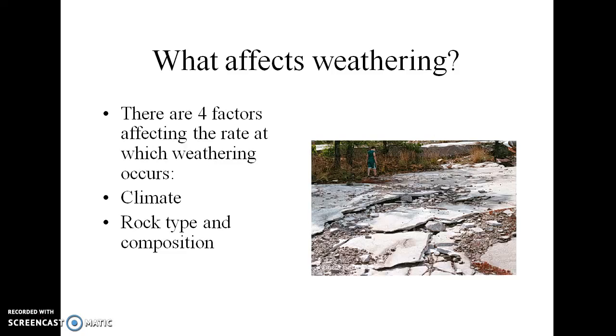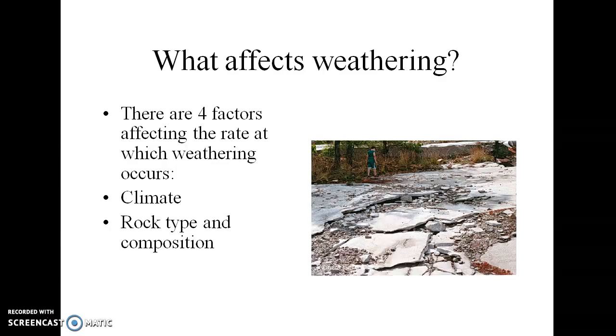The type of rock is going to determine what type of weathering is taking place as well, because if I'm in an arid climate and it's a sedimentary rock, sedimentary rocks are more resistant to weathering in an arid climate.